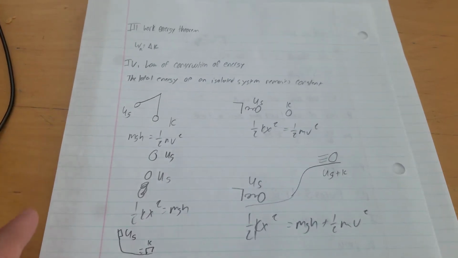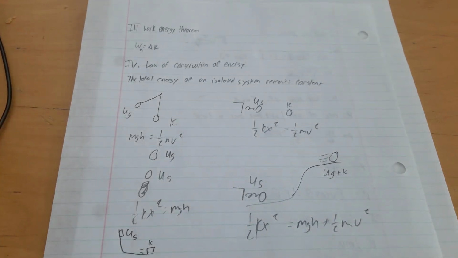We also have the work-energy theorem. This is a really good thing to memorize. It can help you out in many different ways. It says that the net work is equal to the change in kinetic energy. The reason this is so helpful is that kinetic energy has velocity.